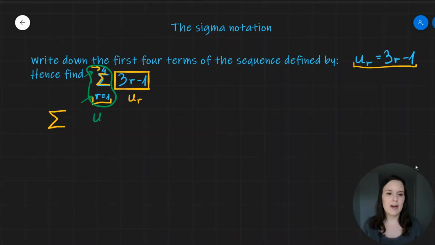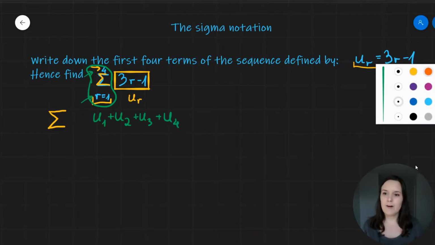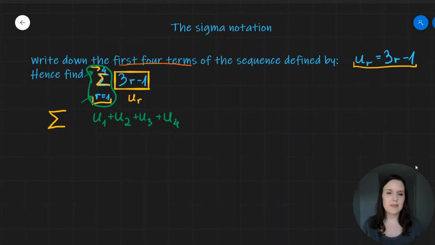So it means add u1, u2, u3, and u4. So I can find the first 4 terms of this sequence, and if I add them, I will get the sum of them, what we are asked to find here.